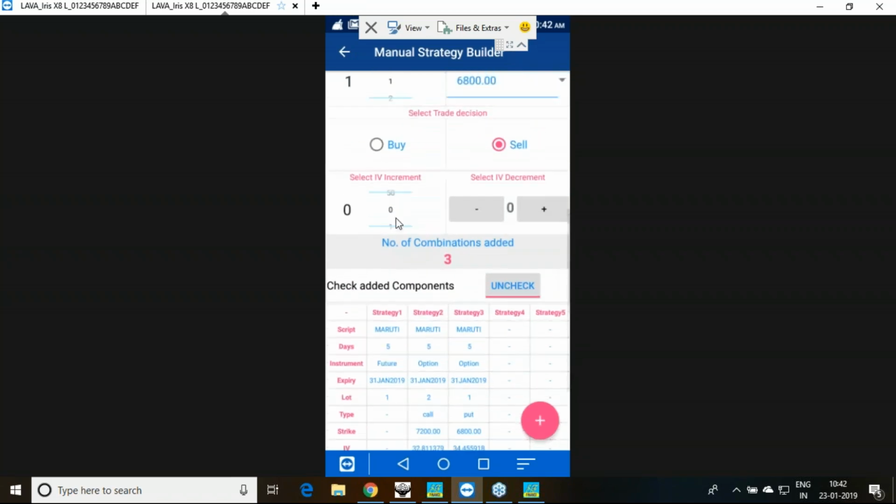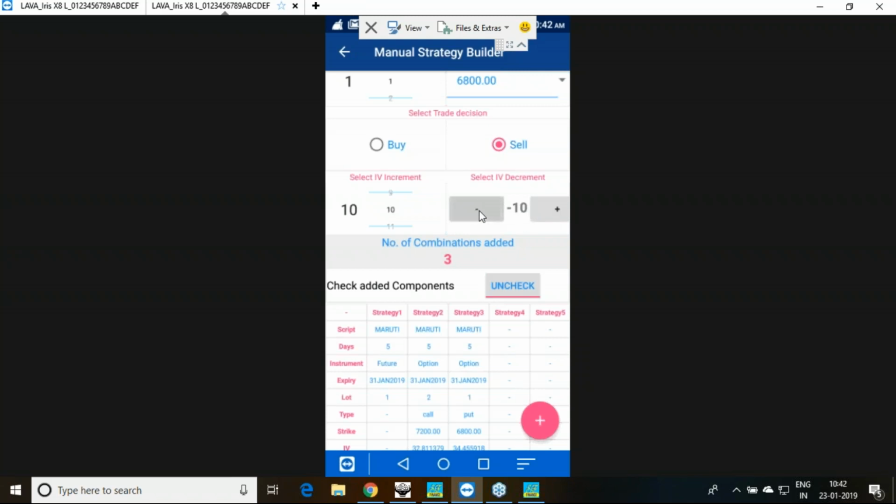And here I also have a percentage of IV increment and decrement. So I am going to increase the IV by 10% and also decrease the IV by 10%.